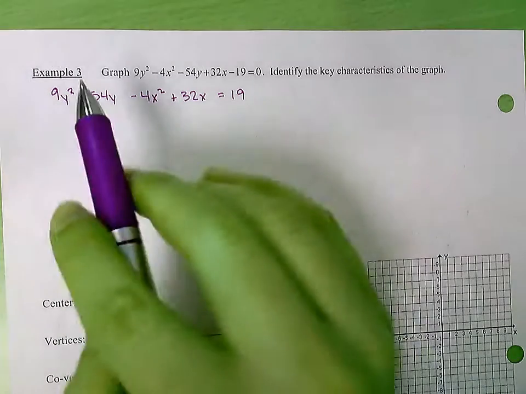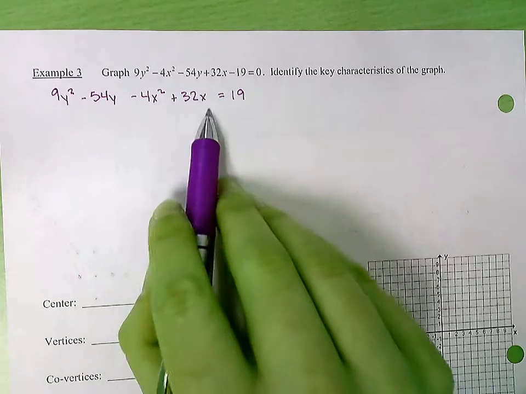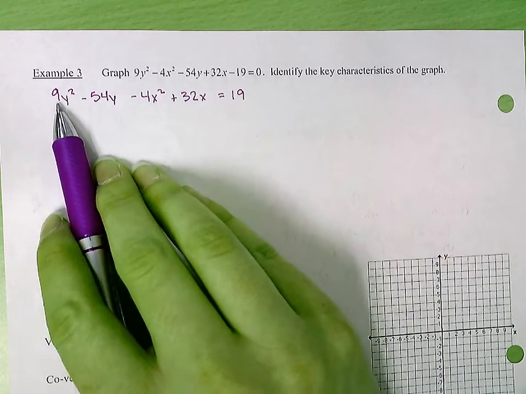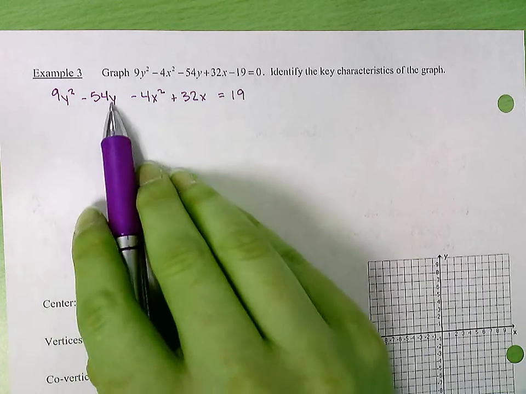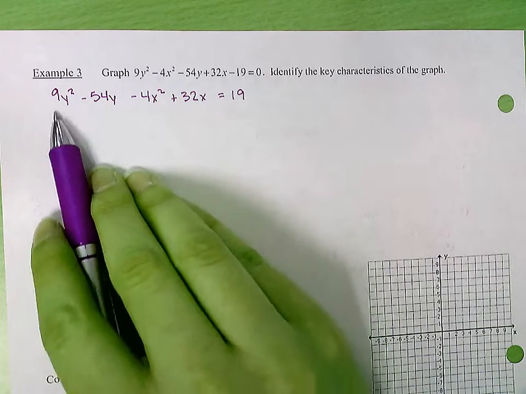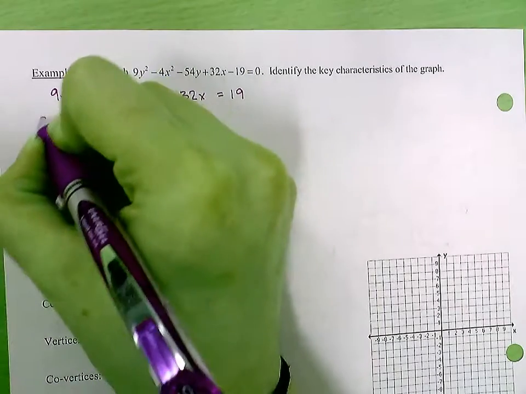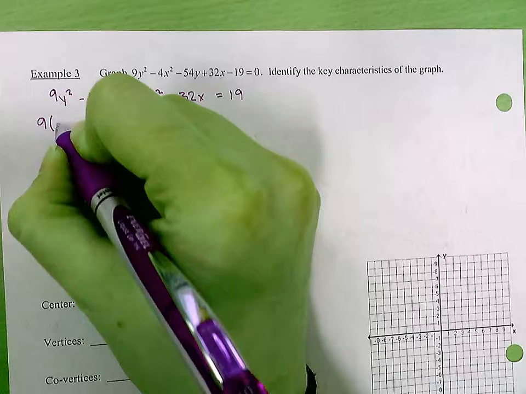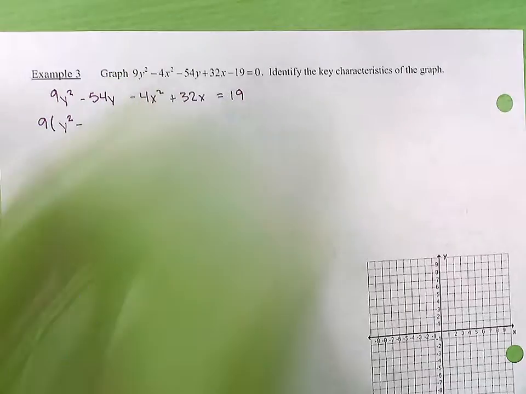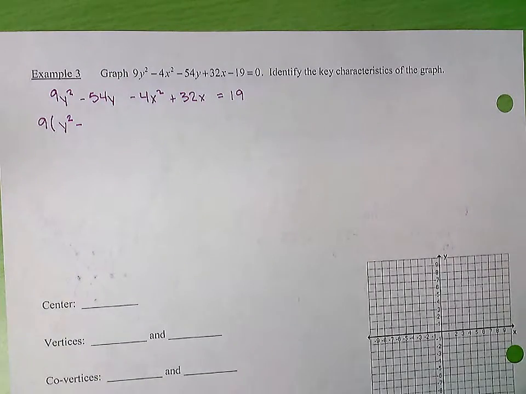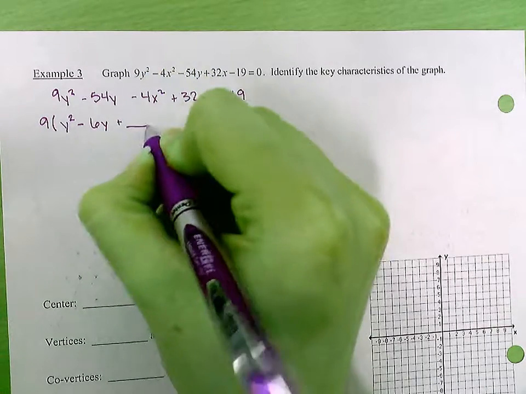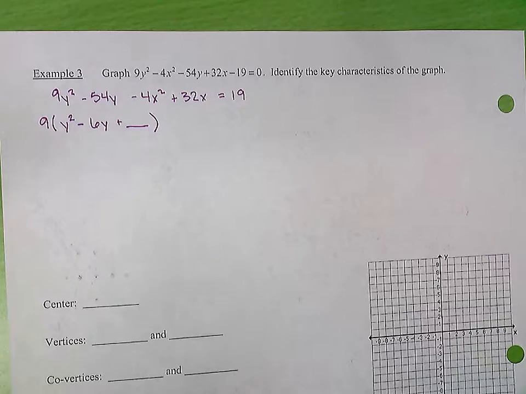Now that I've grouped my y's and my x's together, I need to factor out 9. Factor out 9. Let me finish. I was about to say times 3. I need to add something to this to complete the square.